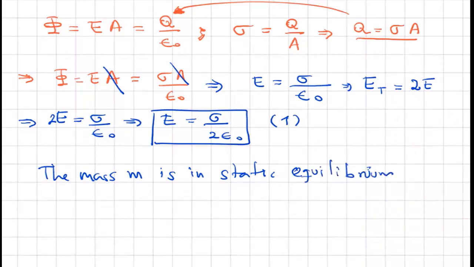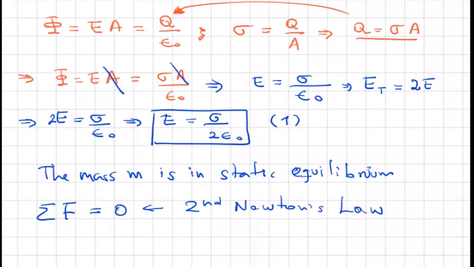the total force acting on it is equal to 0. This is Newton's second law. Because the total force acting on the mass is equal to 0, its Cartesian components are 0 too.